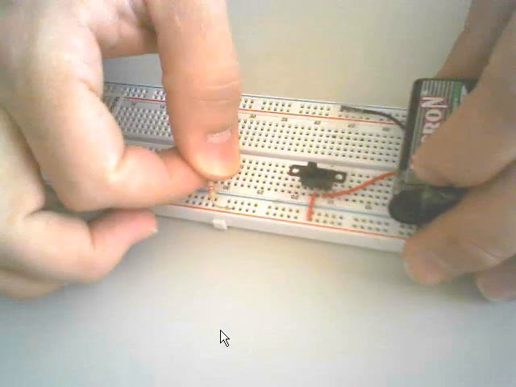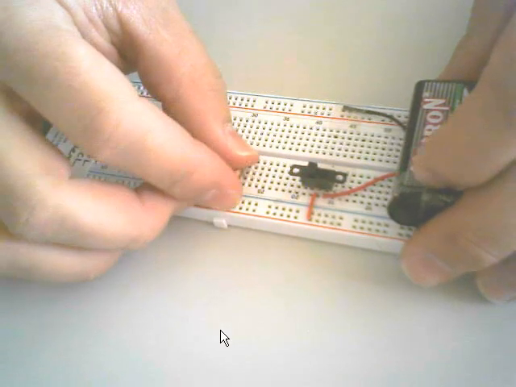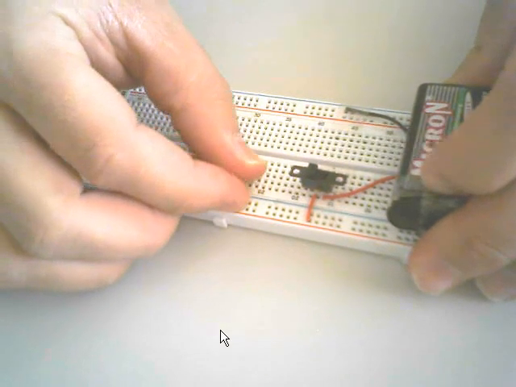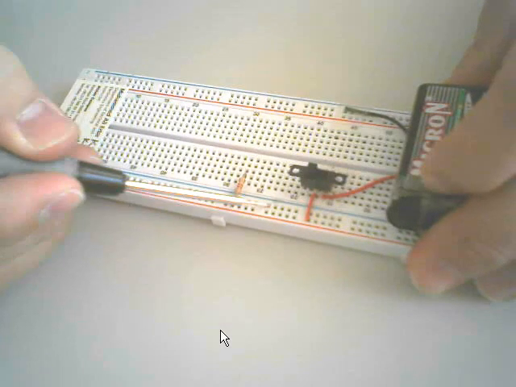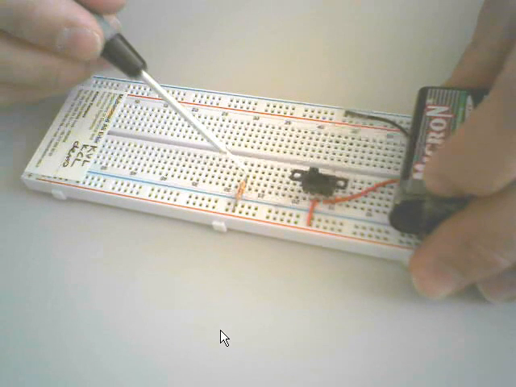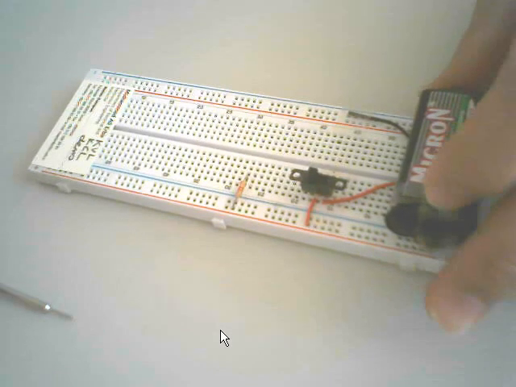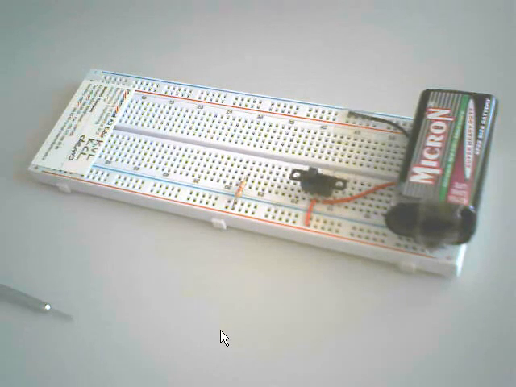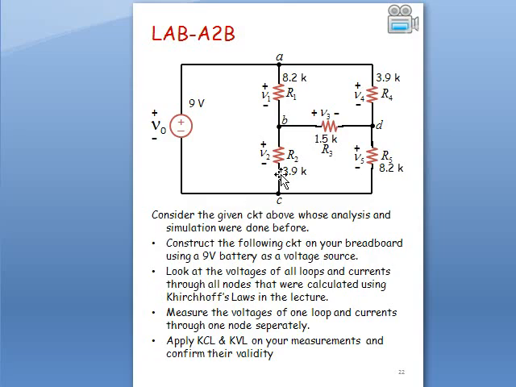I'm inserting this on the breadboard. This point is 9 volts, and this point is E1. The other terminal of the resistor is E1.